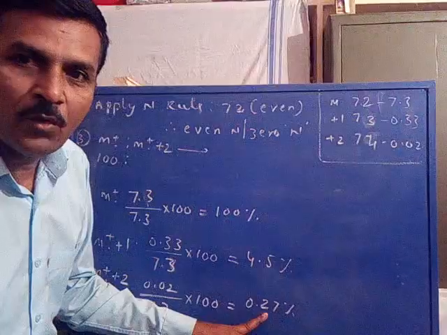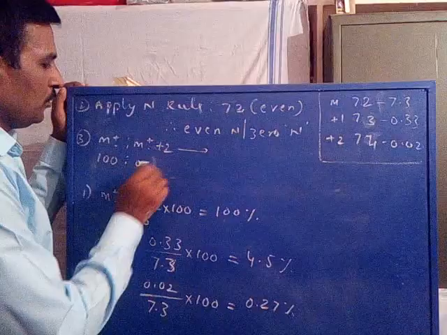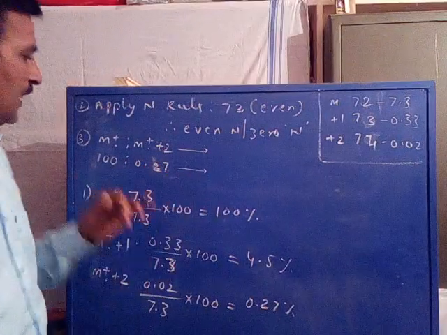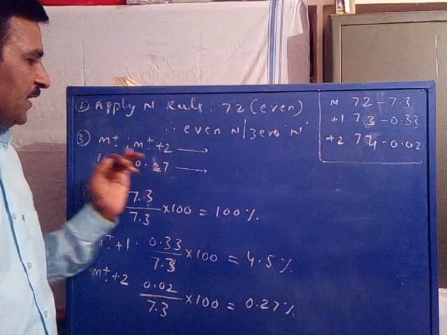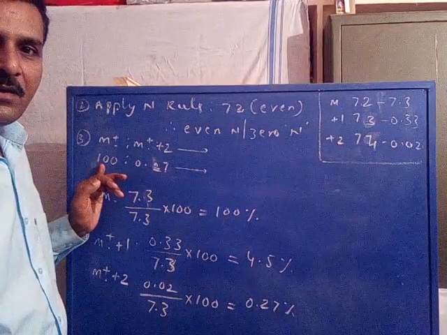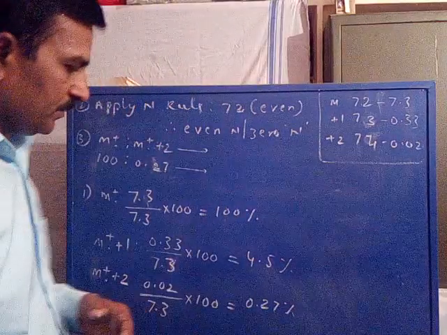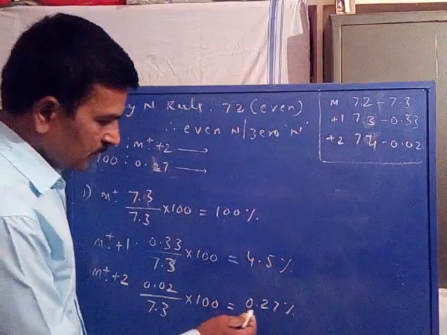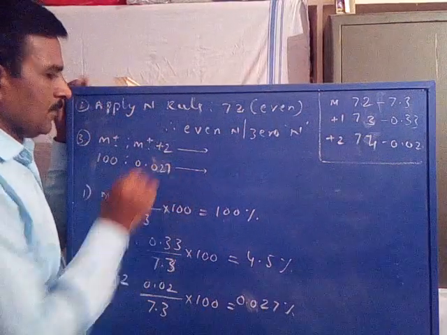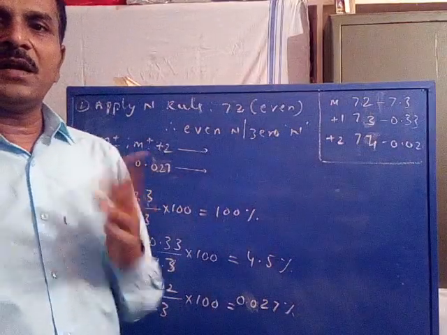The +2 signal intensity is only 0.27%. This is not 27, it is 0.27. It is very little, only 0.27%. So it is not comparable.